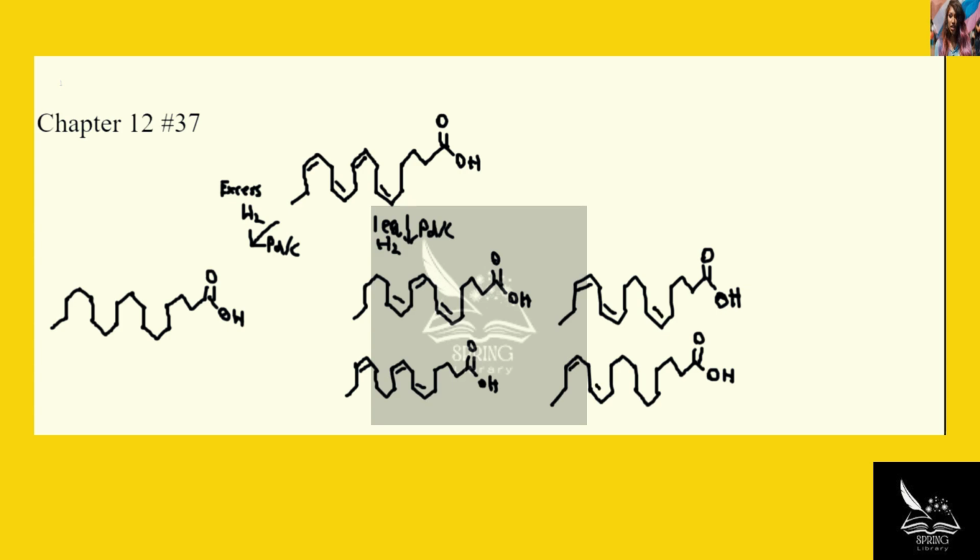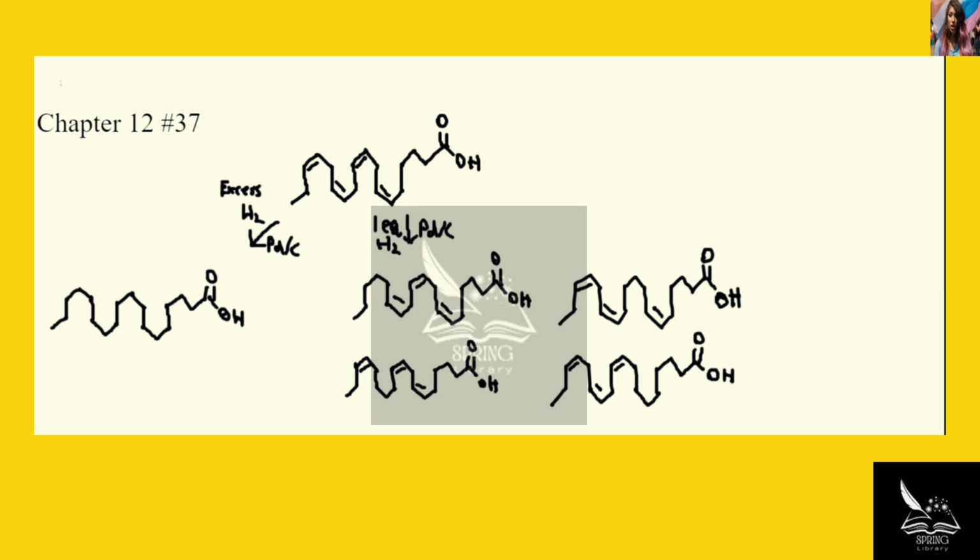And it will be a mixture of all 4 of these molecules because there's no control in this molecule. So we could envision a scenario where one of the double bonds is more susceptible to hydrogenation than the other 3. And so that one would obviously be preferentially hydrogenated.